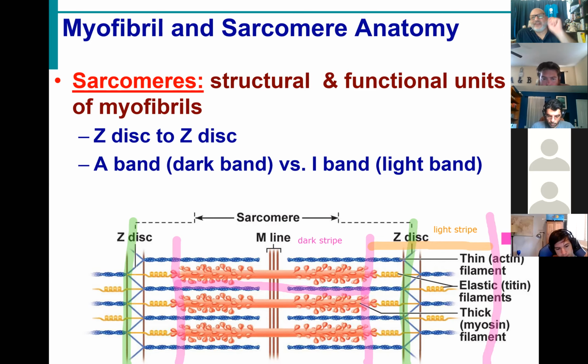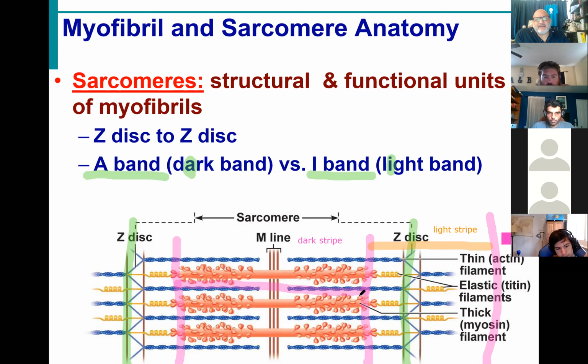Now, the terms A and I come from the German terms that were used for these when they first described them. However, if you look closely, notice the term dark has an A in it and the term light has an I in it. That is not why they got their names, but it is a great trick for remembering which is which.